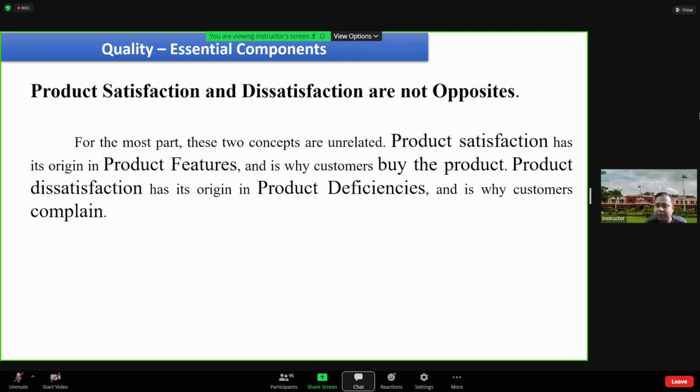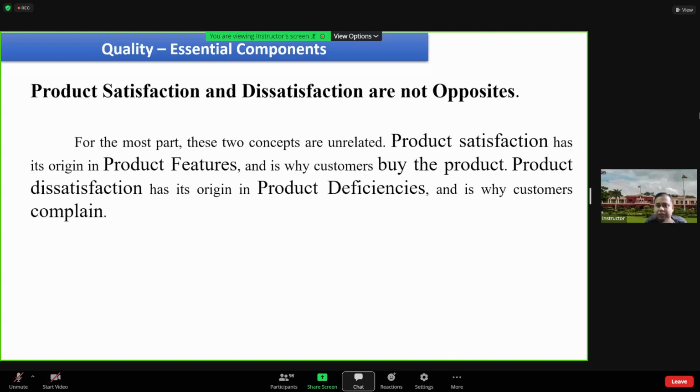So we have a product available in the market. It has all the features that we were desiring. It has no deficiencies, no defects, but still we are not buying that product, because there can be another product offered by a competing company with more features and functionalities at the same price.